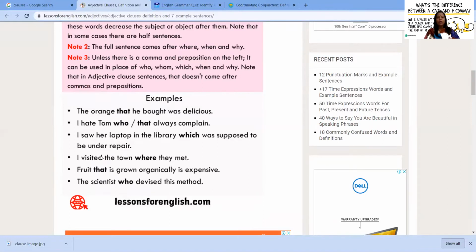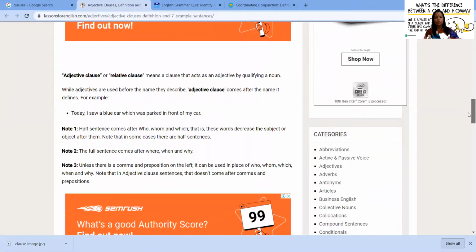I visited the town where they met. Do you find a comma here? No, we don't. So we have to remember that in an adjective clause, there is no room, no space for a comma. You won't find any comma before these relative pronouns.